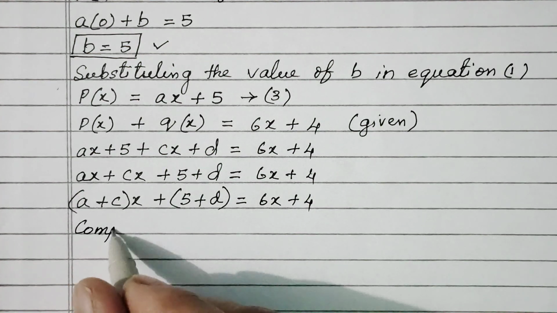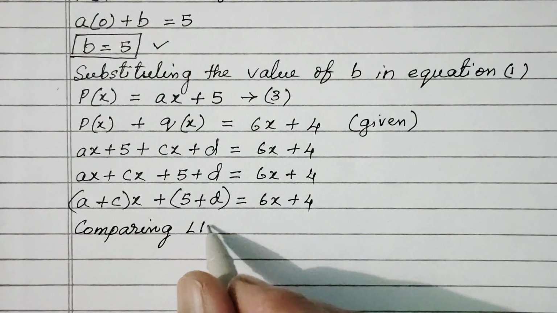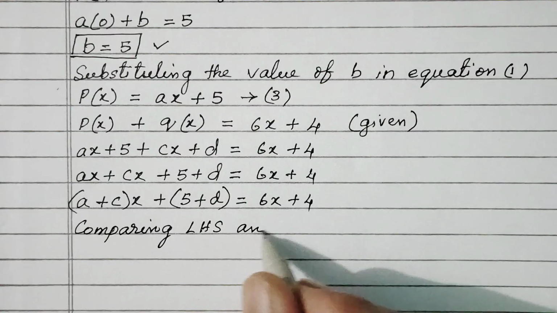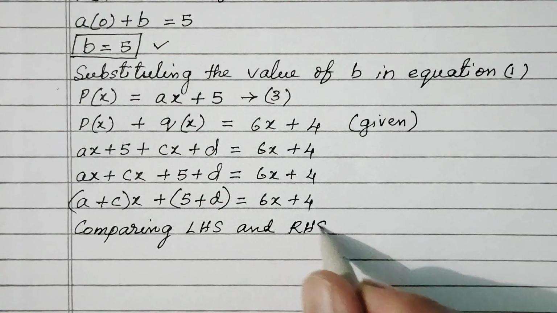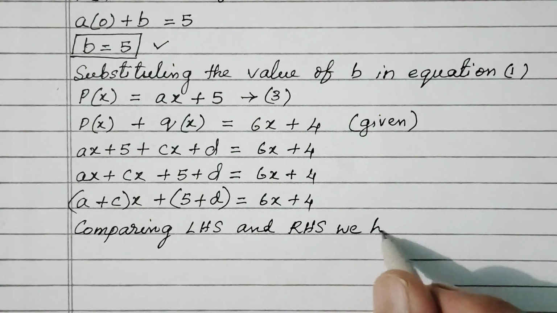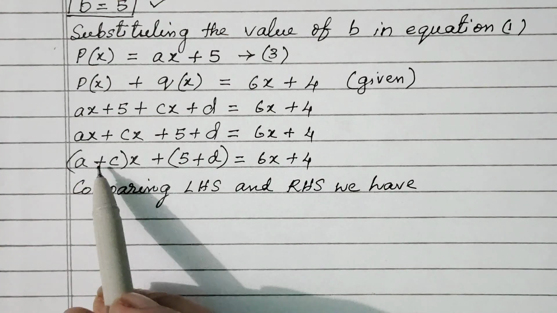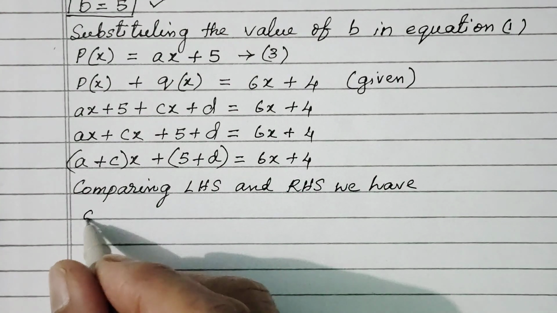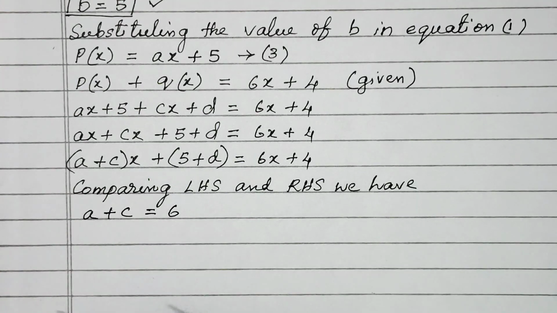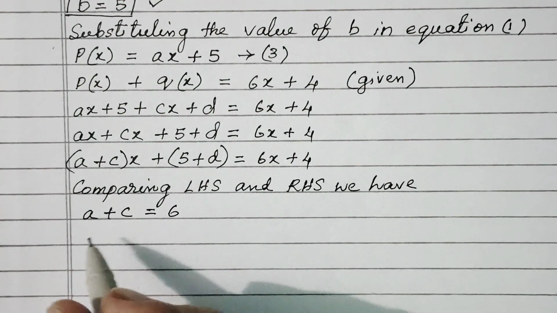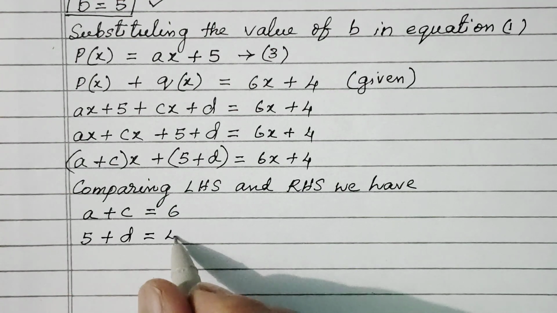Comparing LHS and RHS, we have a plus c will be equal to 6, and 5 plus d will be equal to 4.